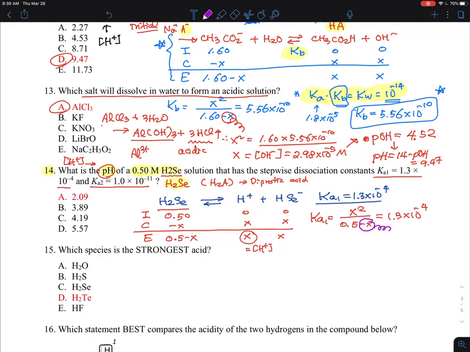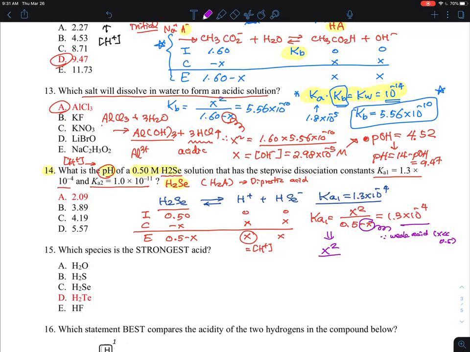The Ka value is small, so this is a weak acid. X is very, very small compared to 0.5, and we'll check that once you calculate the next. And then the problem becomes simple.